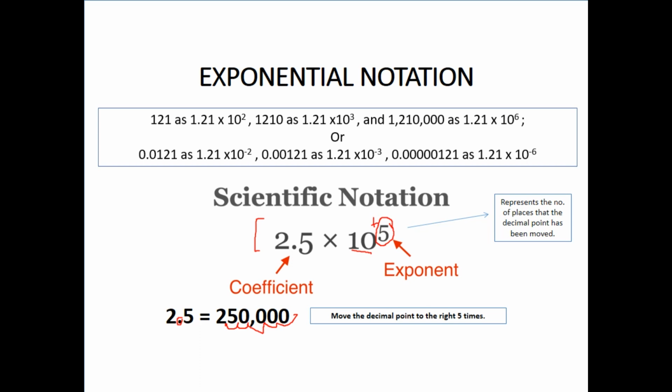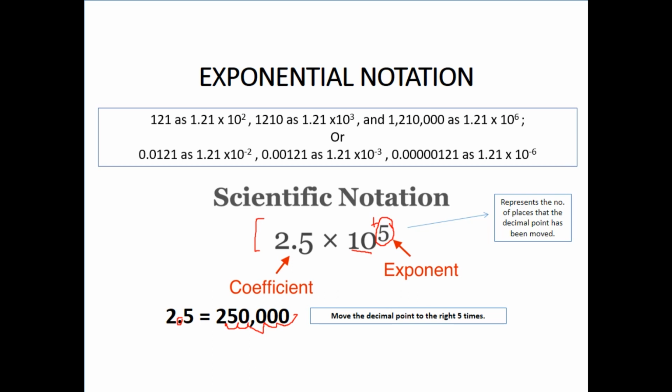Since this is a positive exponent, if you have 2.5 times 10 raised to the power of 5, the point in 2.5 is in the middle, and we will count 5 times: 1, 2, 3, 4, 5. That's why we have 250,000.